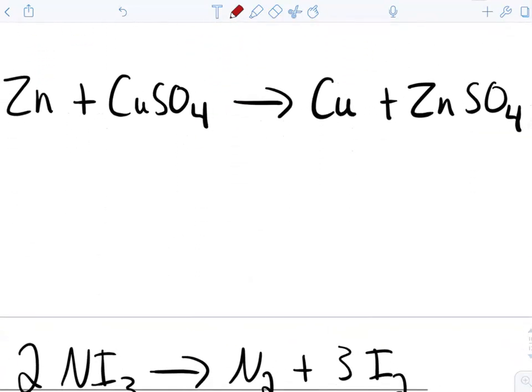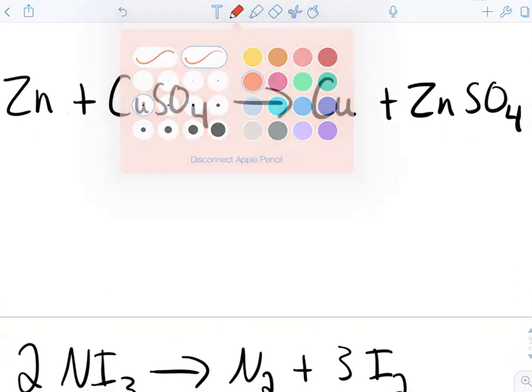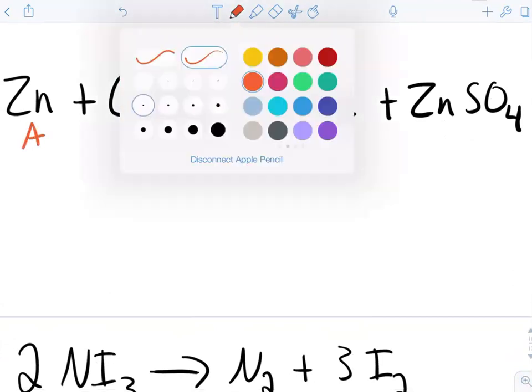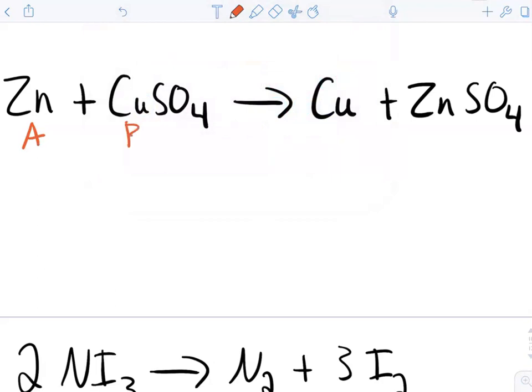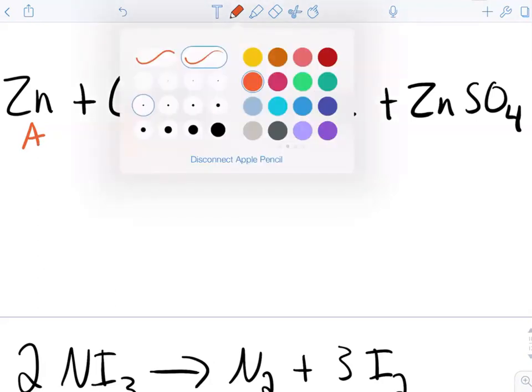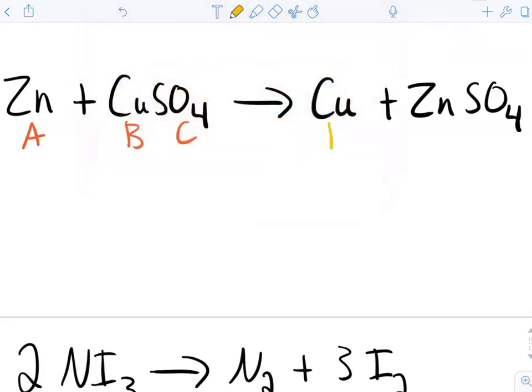Here, in this one, we have an A, a B, and a C. If I come over to this other side, B, A, and C. Okay, I can see that I have one element by itself, one element by itself.